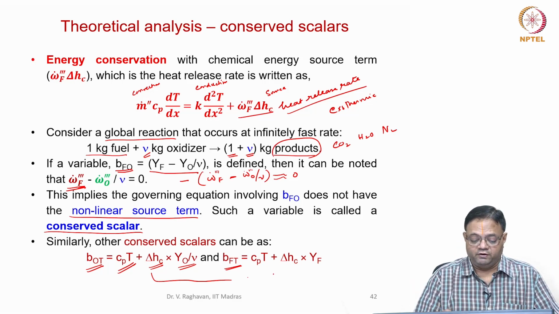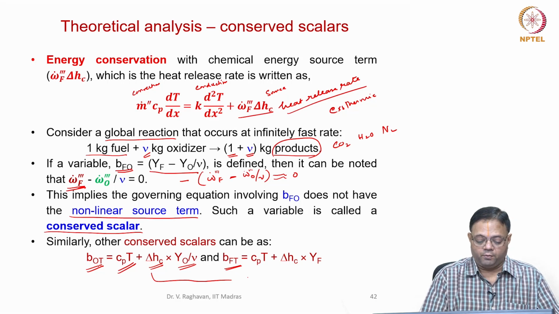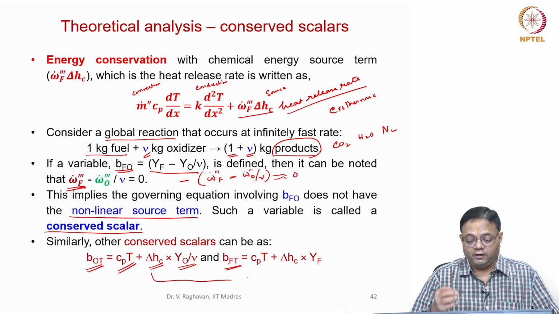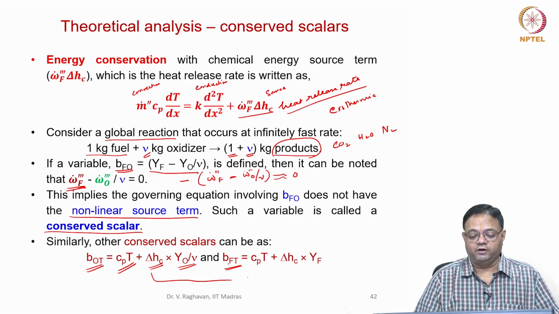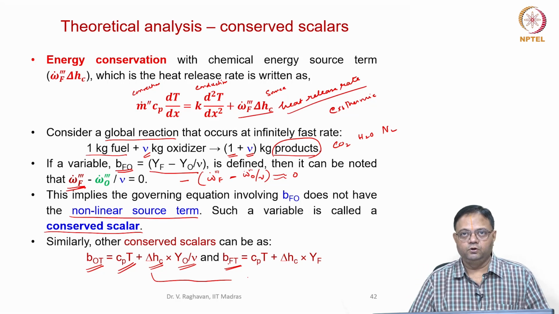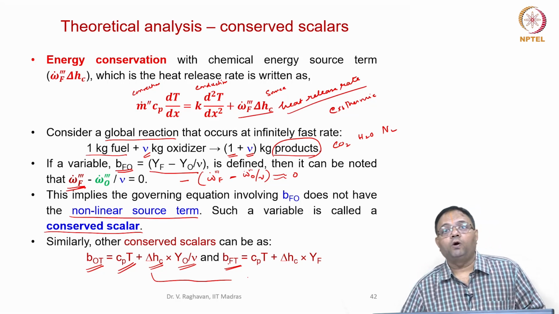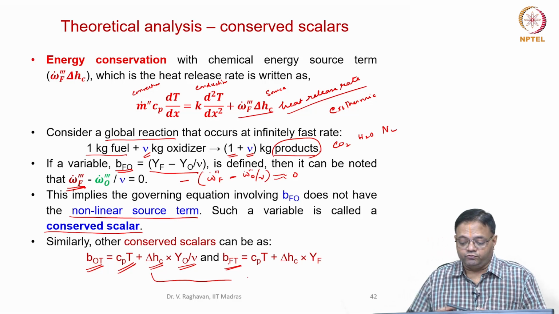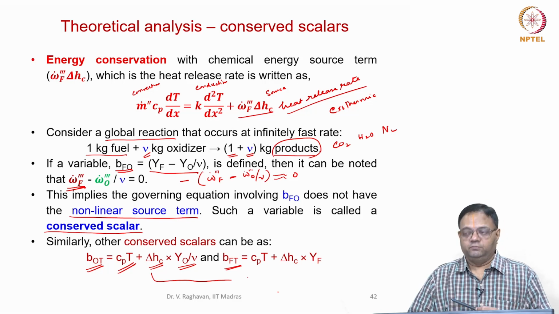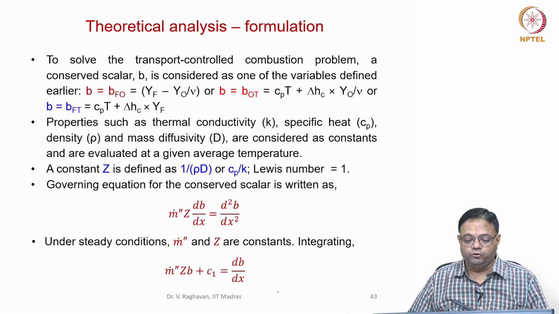So, if I define B_FO or B_OT or B_FT, then the corresponding conservation equations will not have any source term because the source term cancels. Okay. Now, what is the advantage of that? If the source term cancels, then I can solve it in a theoretical way. I do not need a numerical solution.